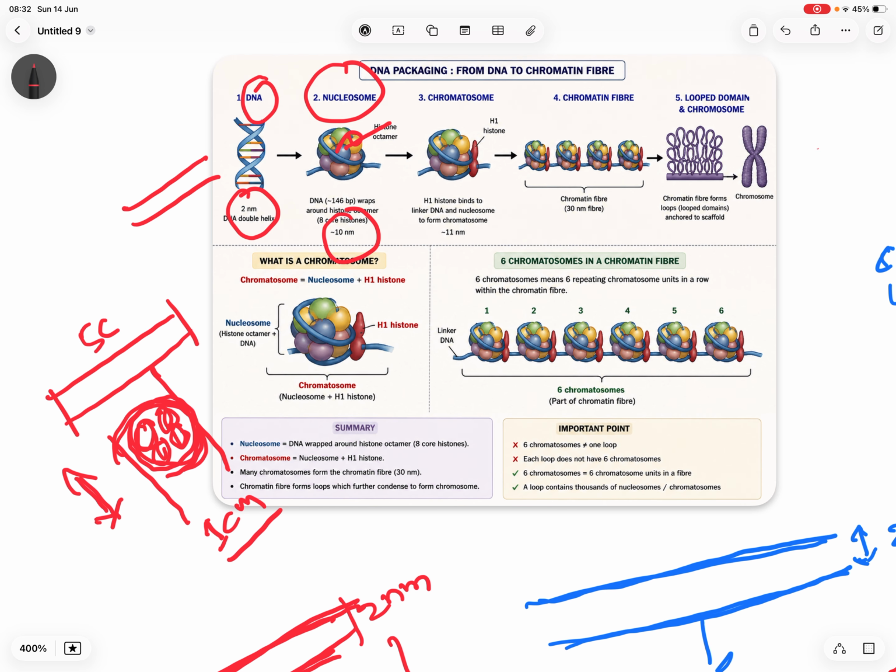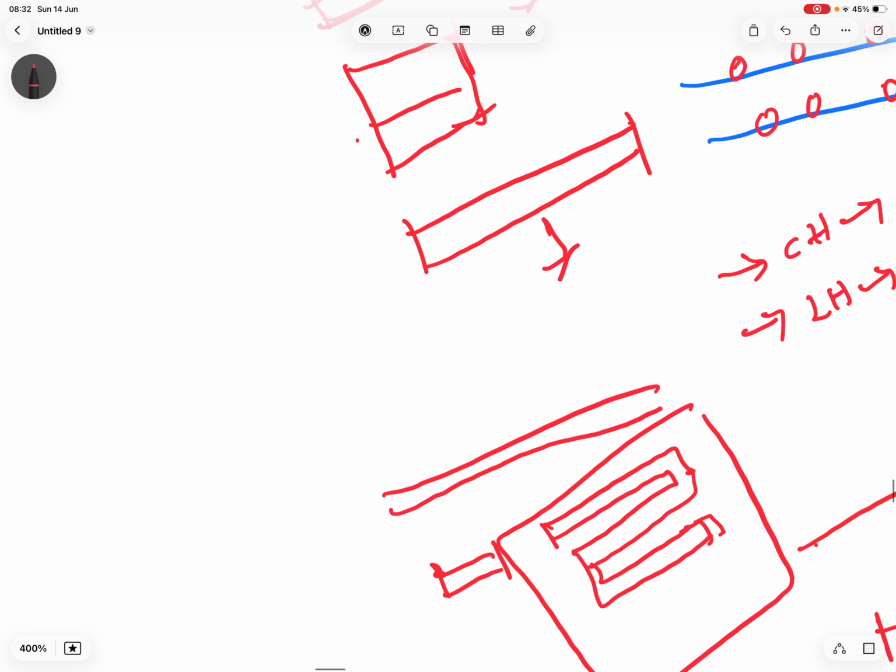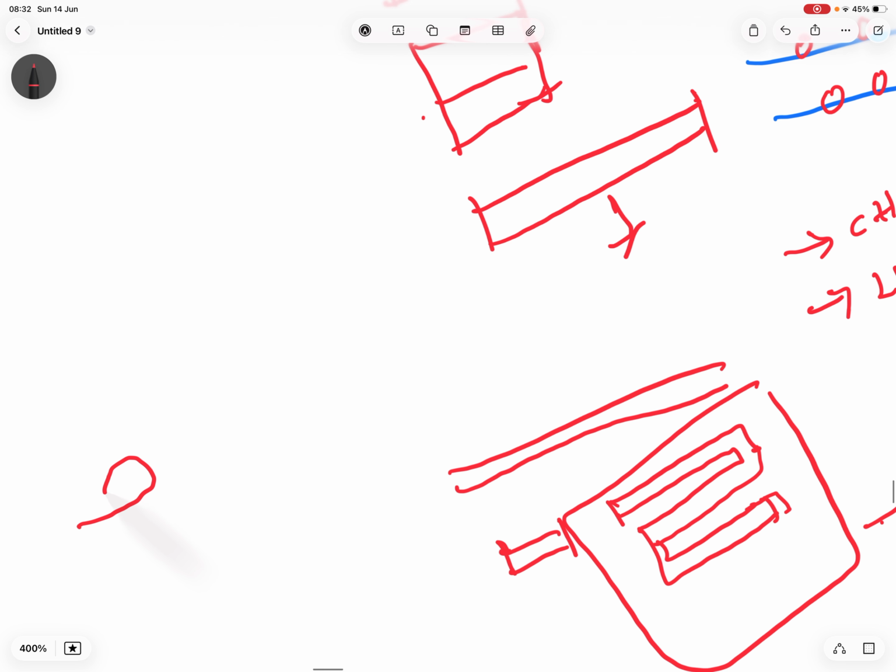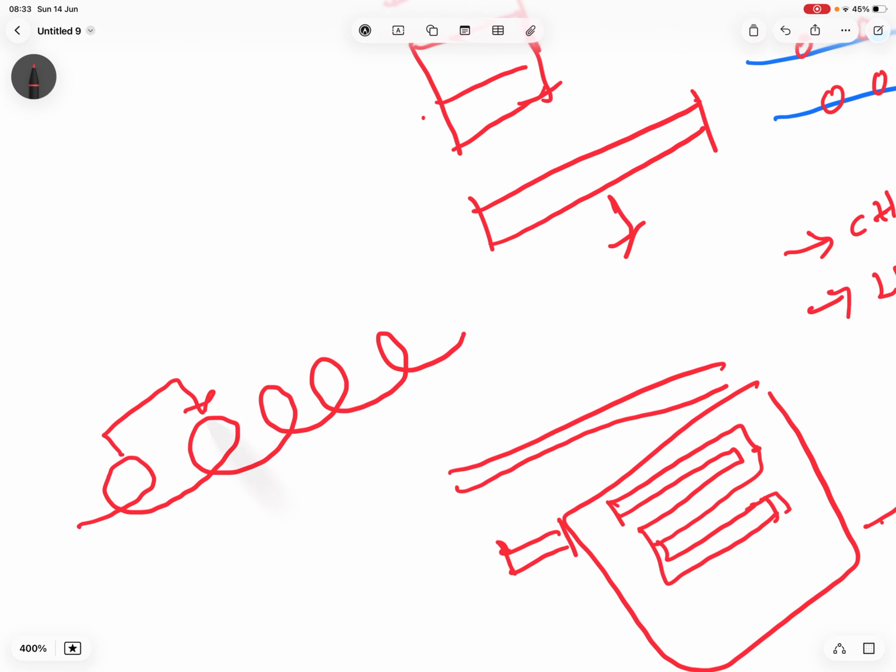When you observe the DNA strand along its length, you find structures like this, with multiple such nucleosomes. In between these nucleosomes you find a region connecting two nucleosomes.